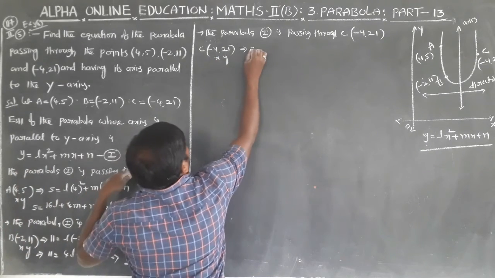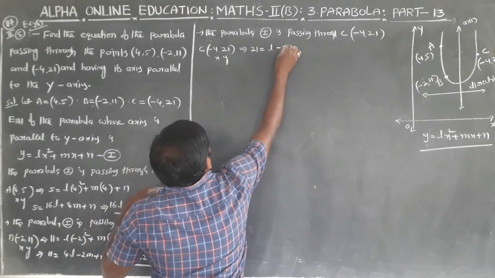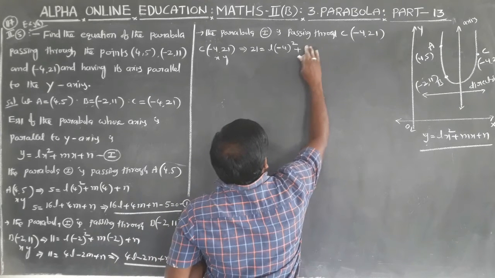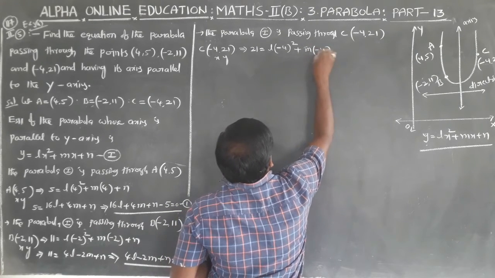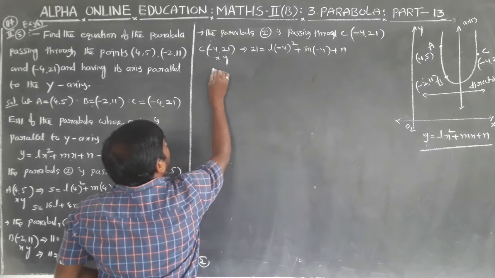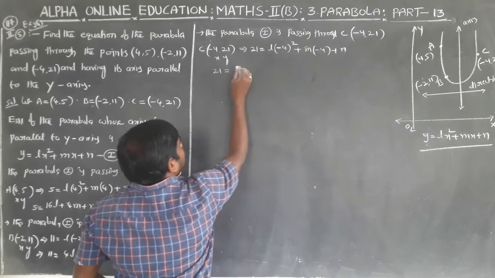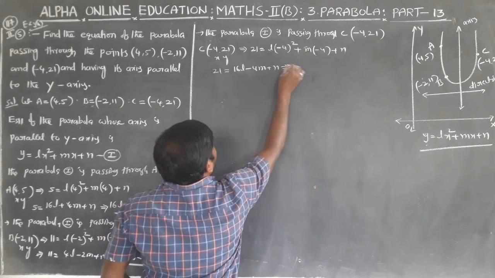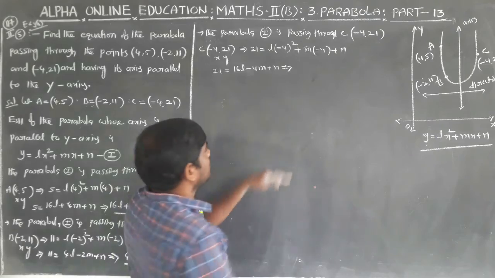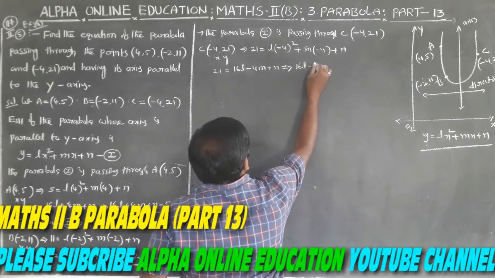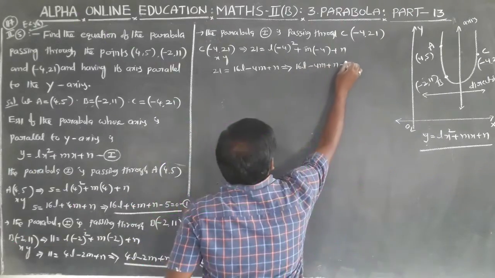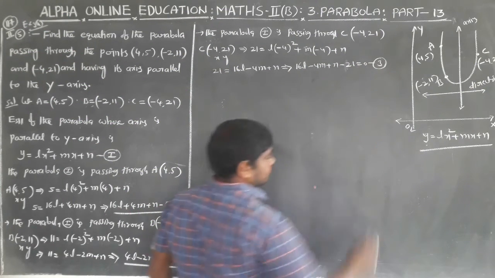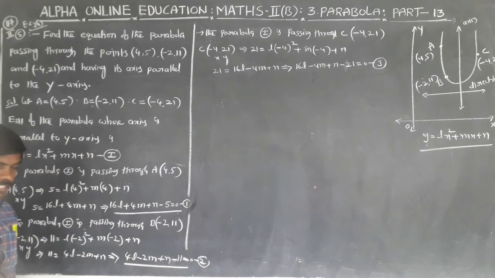Here y is equal to 21, L x square (-4 whole square) plus m x (-4) plus n. 21 is equal to (-4) whole square 16L minus 4m plus n. Taking 21 to the right side, 16L minus 4m plus n minus 21 is equal to 0. This is the 3 equations.